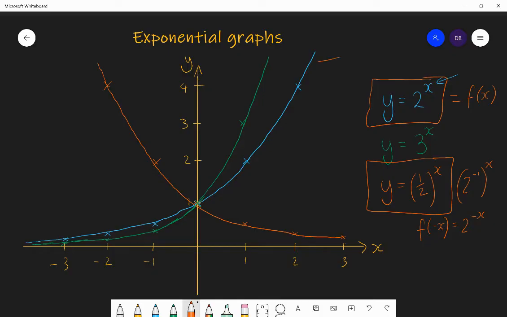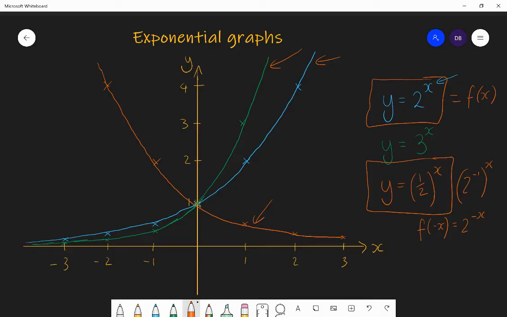These are exponential increasing functions, and the half to the power of x is an exponentially decreasing function. For every movement 1 to the right, we are halving the previous value. So we might see that in things like exponential decay, so radioactive elements, where if the half-life of an object was 7 minutes, then every 7 minutes, the previous mass of that object would be halved.